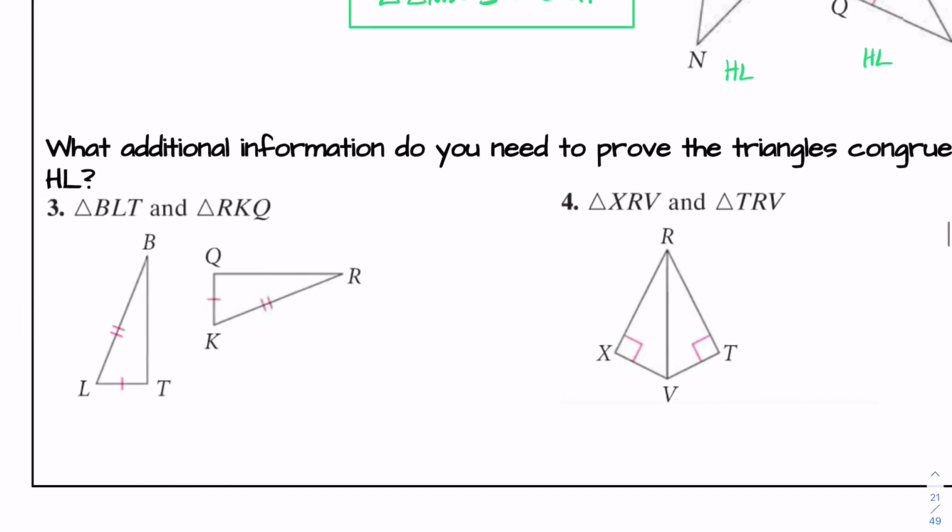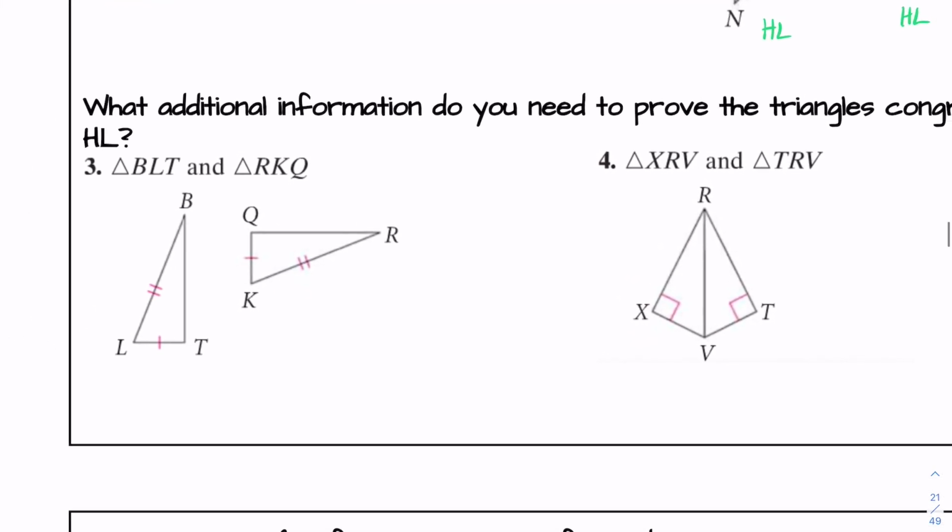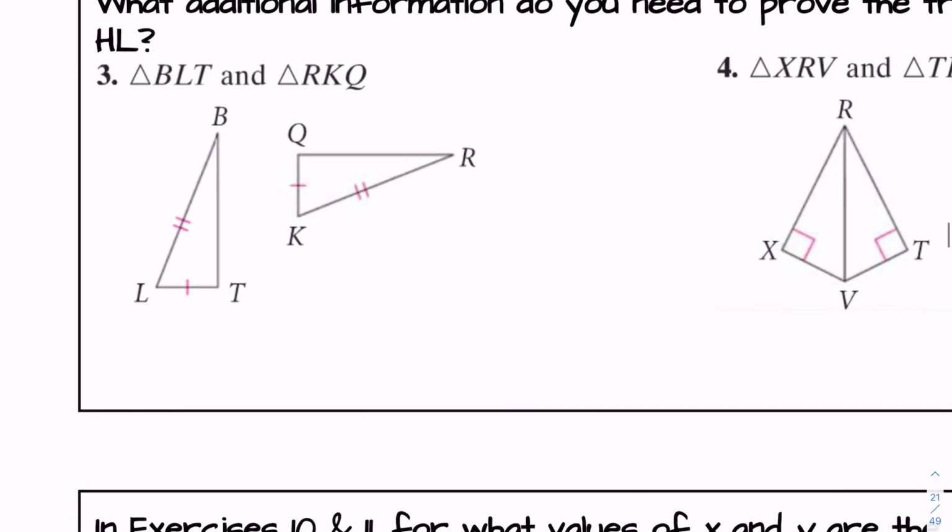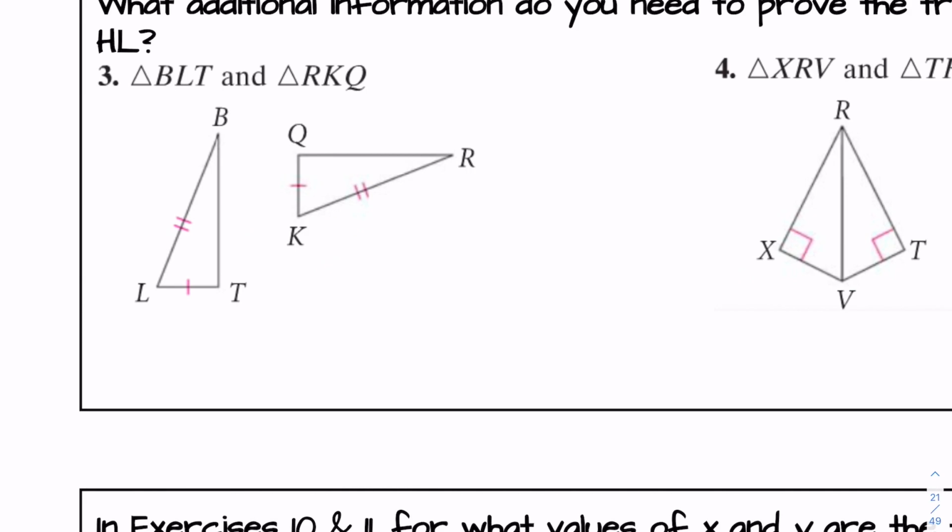Okay, what additional information do you need to prove that the triangles are congruent by HL? So what do we need? Well, it looks like we have what could be a hypotenuse, and another hypotenuse. And what we could have is a leg. So I have my hypotenuses, I have my pair of legs. Do I have my right triangles?